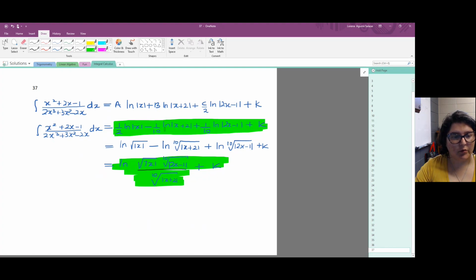And we're done with the problem when we see no integrals to be found, and when we find a, b, c, and any other constant and substitute the value into the expressions.